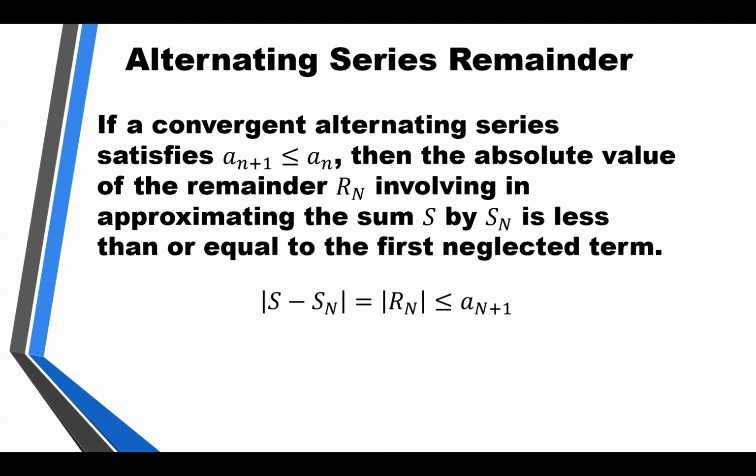But the difference between the actual summation and the partial sum of the first n terms is bounded by that first neglected term and 0, obviously. So if we want to do approximations with alternating series, this is really, really nice.